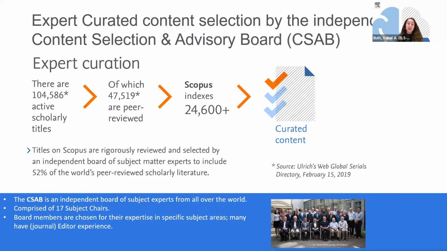About half of them get in, and then this makes up the data and research that is in Scopus. All of this curated data creates a really solid base to build accurate and complete profiles. So we've got great content in there, and that is why we can build such wonderful profiles that I'm going to talk to you about today.